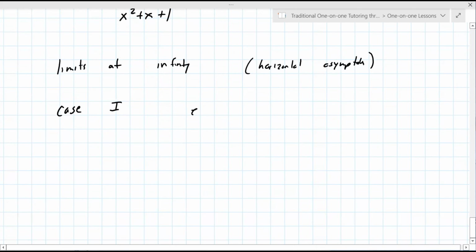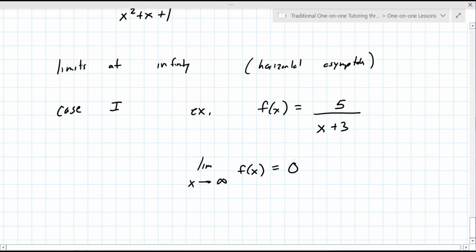The first case, and I'll just give you an example, we've already looked at it: f of x equals 5 over x plus 3. The limit as x goes to infinity of this function: if you put a really big number in for x and add 3 to it, 5 over a huge number ends up being 0. And that's consistent with what the horizontal asymptote is.